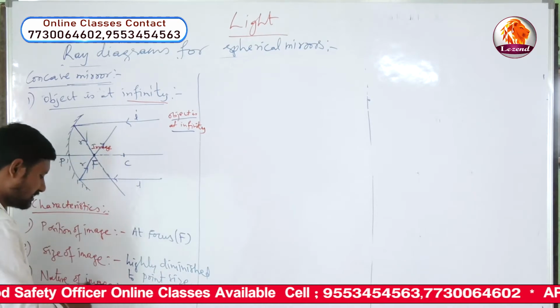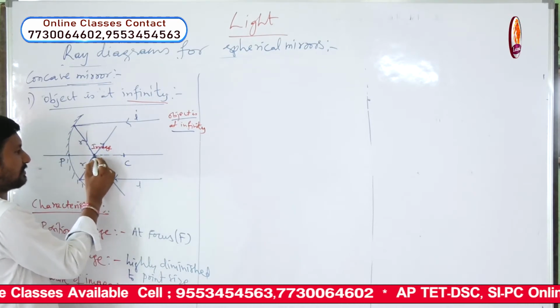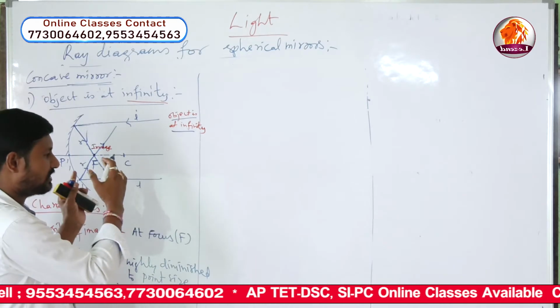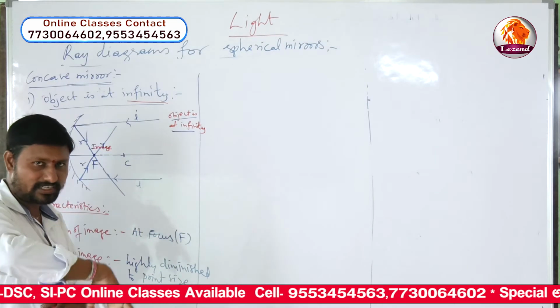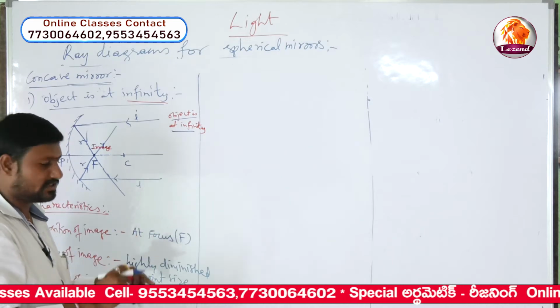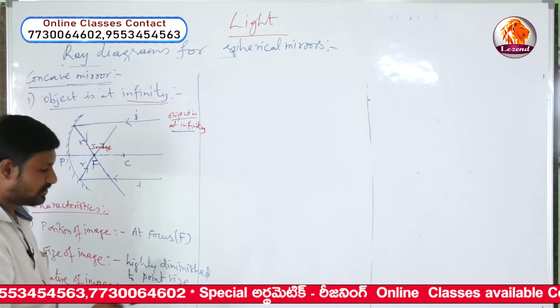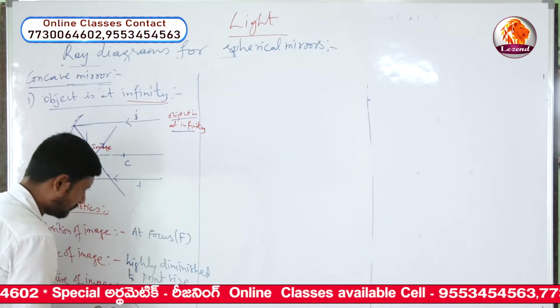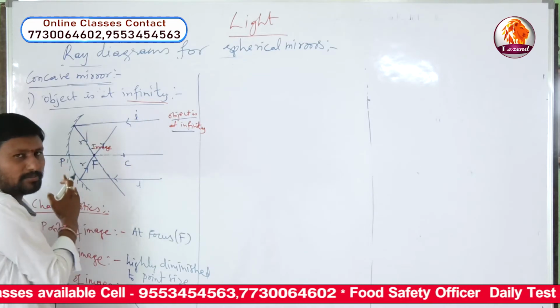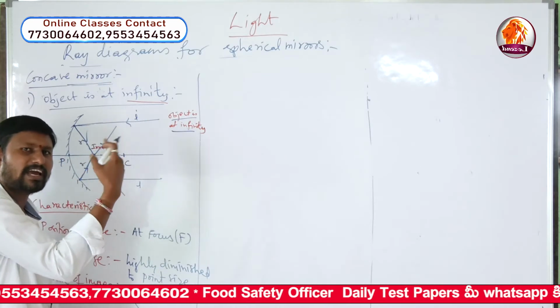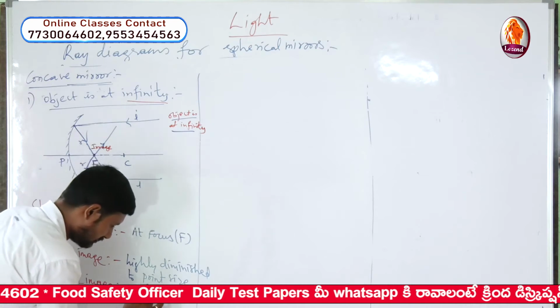And the next one is nature. Nature means what is the nature of the image? Whether it is real or virtual, whether it is inverted or erect. These points come under the nature of the image. The first one, I told you, we can catch it on the screen. Means we can place the paper in front of the mirror and catch it on the screen. So it is a real image.